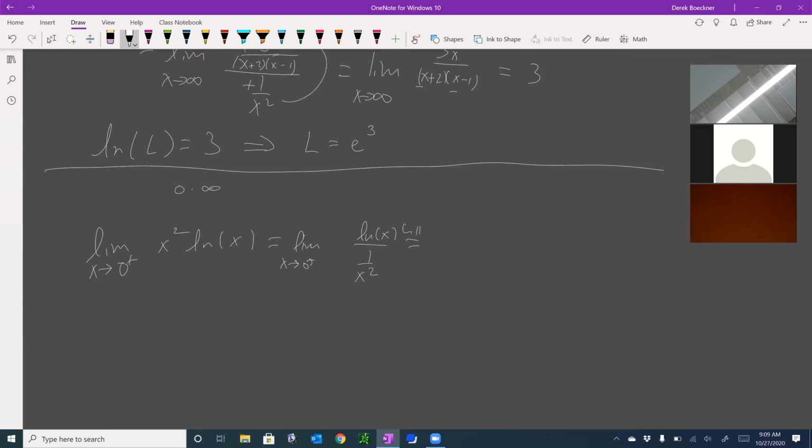And then by L'Hopital's rule, you get that limit: 1 over x. The derivative of that is minus 2 over x cubed. Okay. I can simplify this just with some arithmetic. I'll get x squared over minus 2. And as x goes to 0, this goes to 0.